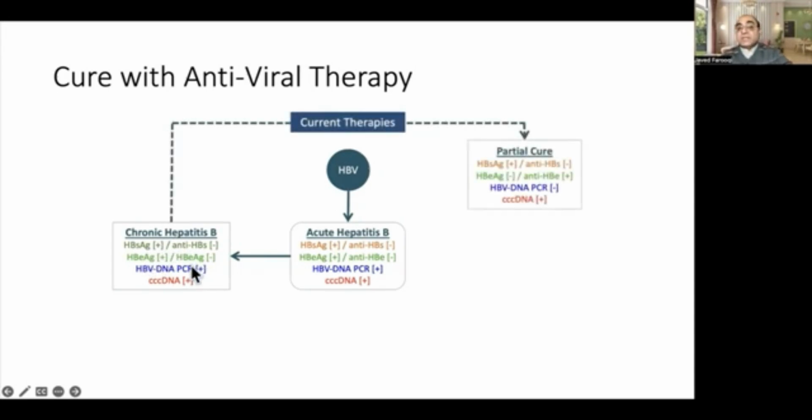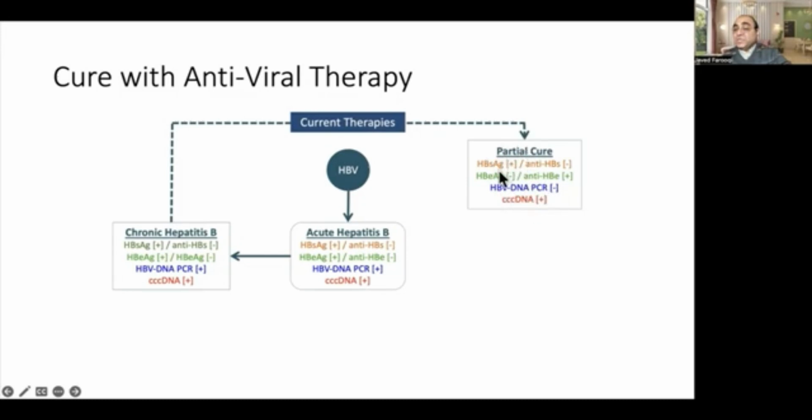With the current therapies, we can get the partial cure, and partial cure means that the patient's HBsAg remains positive, HBeAg seroconversion may be achieved, the DNA PCR becomes negative, but cccDNA is positive.